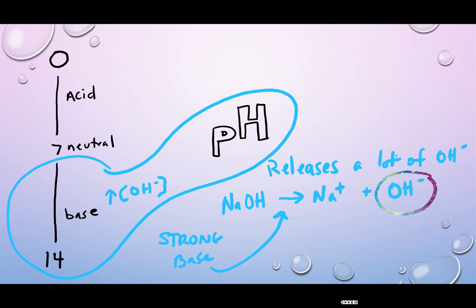In the case of a strong base, just like a strong acid, it's considered strong if it disassociates completely. So sodium hydroxide, which is bleach, is a strong base, and it's separating completely to give you a sodium ion and a hydroxide ion.